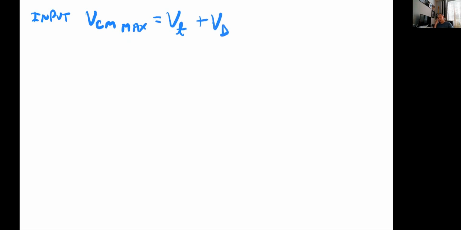That's the maximum that we can have if we want to be in the linear region, which is the threshold voltage plus the supply minus that voltage that is developed across the drain resistor. So this is the drain current times the drain resistor.